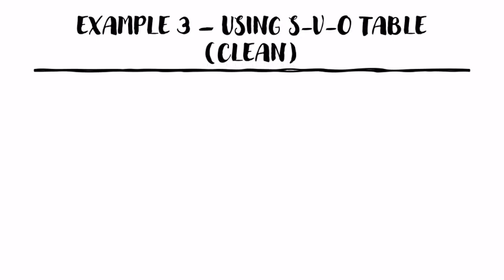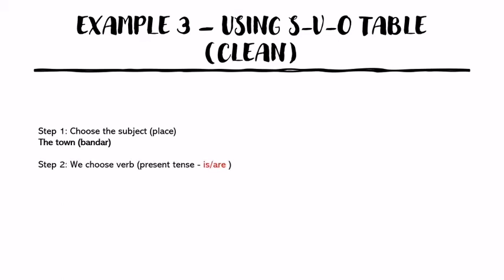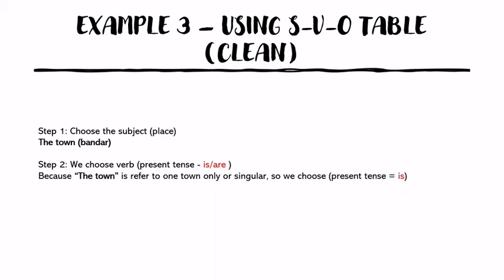Okay, next. Third example, we use clean as adjective. Okay, also the same. Make sure we follow the step. First step, we choose subject, the town. Okay, next, we choose verb, present tense. Because the town is referred to one town only, or singular, so we choose present "is".